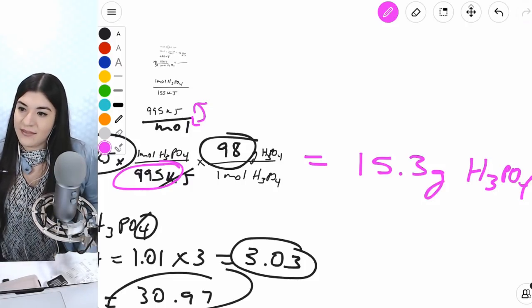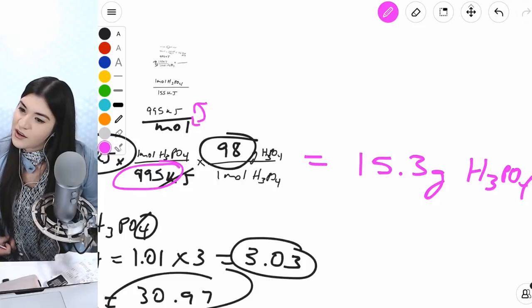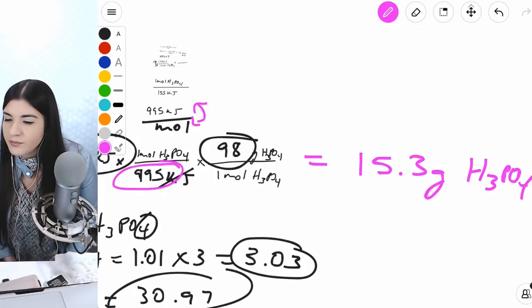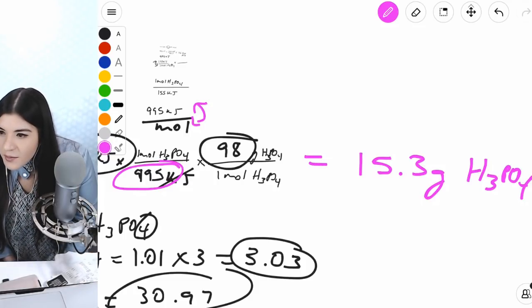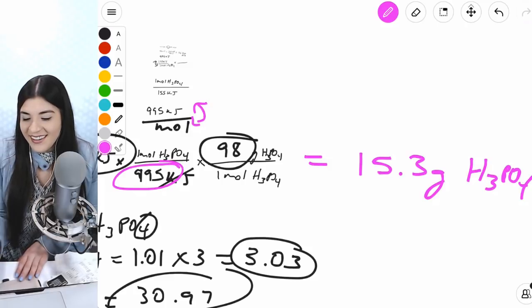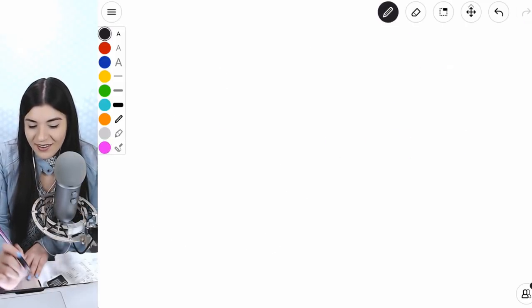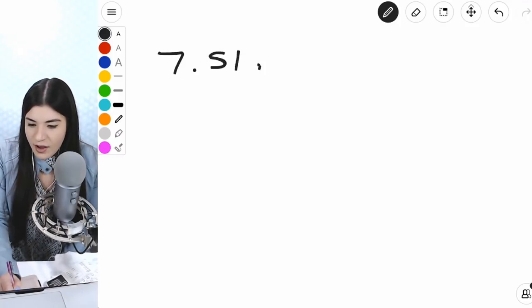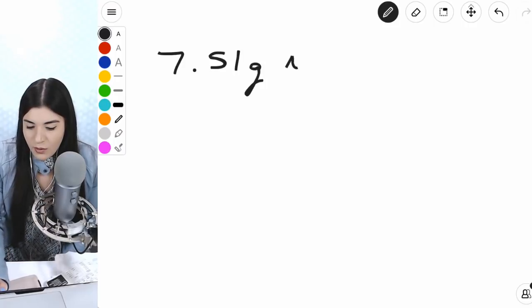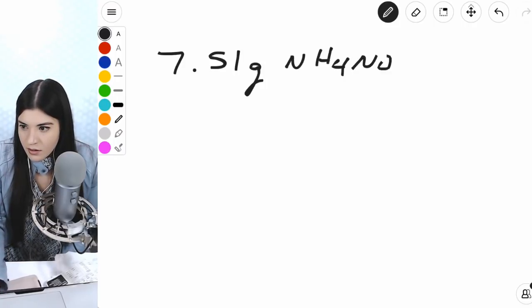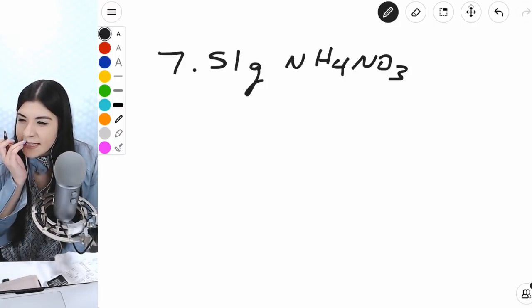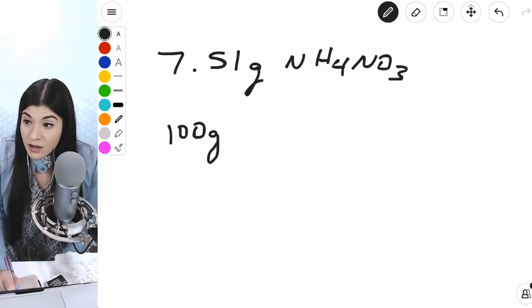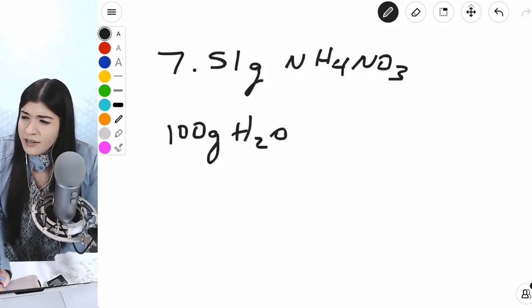All right, let me see if I can answer another question. Believe this is from A. Let's see. A 7.51 gram sample of this is placed in 100 grams of water in a calorimeter.